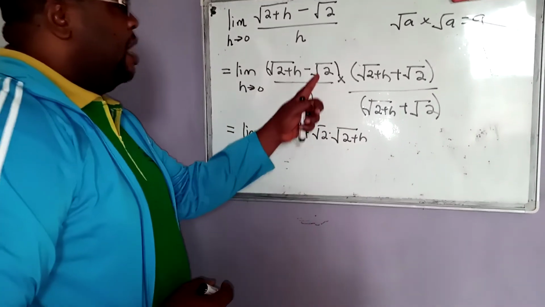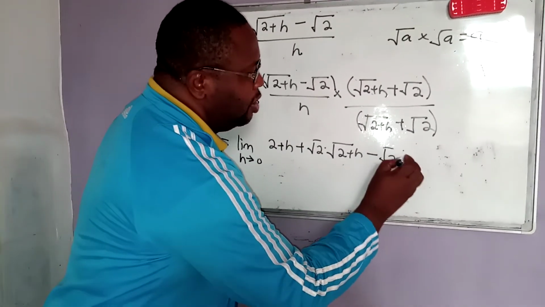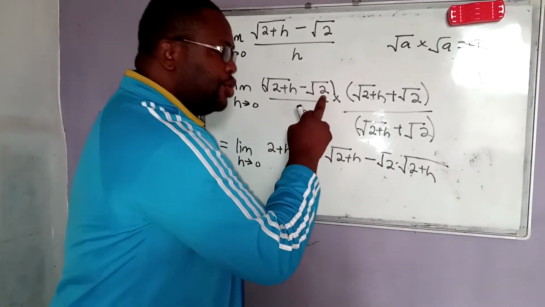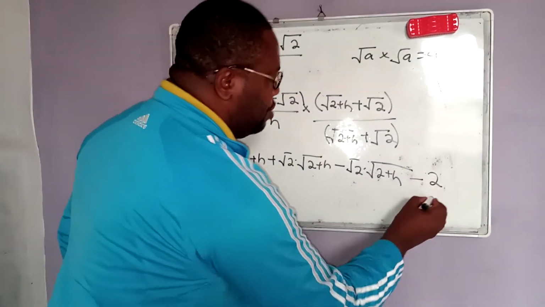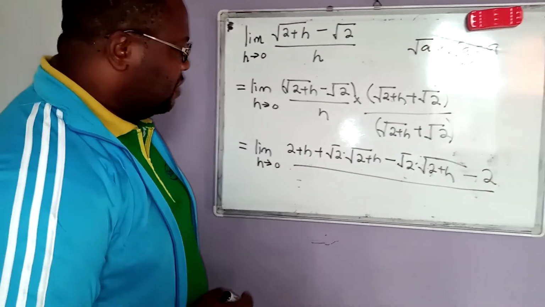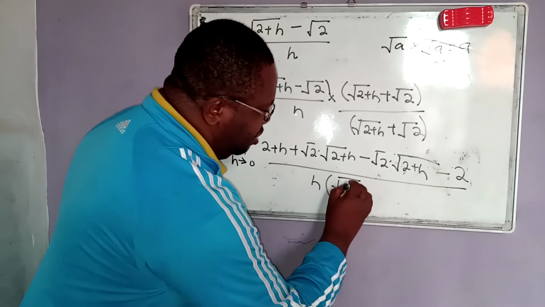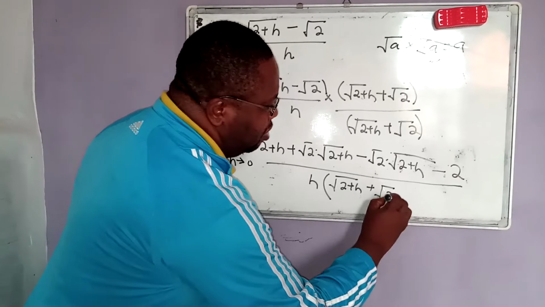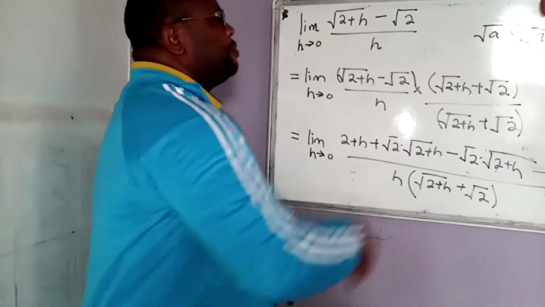Then multiplying this, we have minus root 2 multiplied by square root of 2 plus h, and minus root 2 multiplied by root 2 simply gives me minus 2. All divided by h into square root of 2 plus h plus the square root of 2. That is this one multiplying that one.